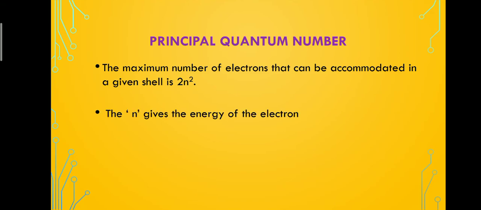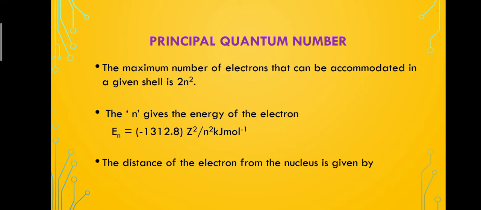We can also calculate the energy of an electron by knowing the value of the principal quantum number n, by using the formula En is equal to minus 1312.8 into Z square divided by n square. We can also calculate the distance of the electron from the nucleus by using the formula Rn is equal to 0.529 n square by Z Angstrom.